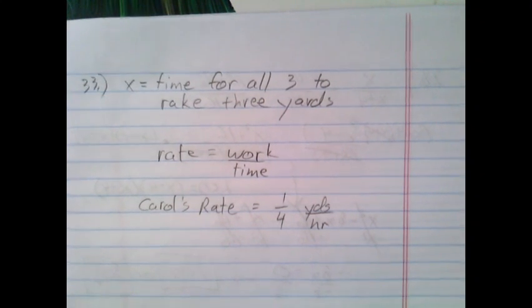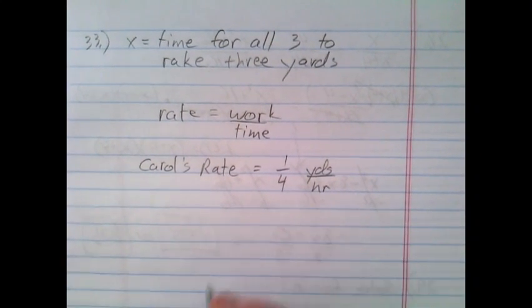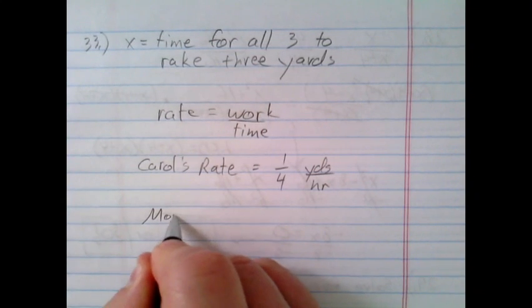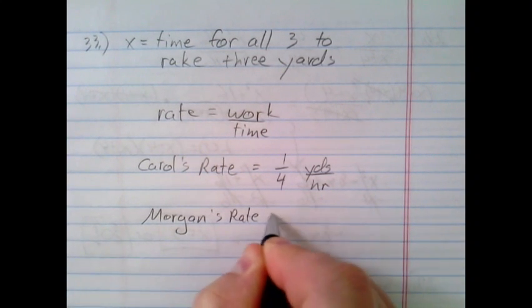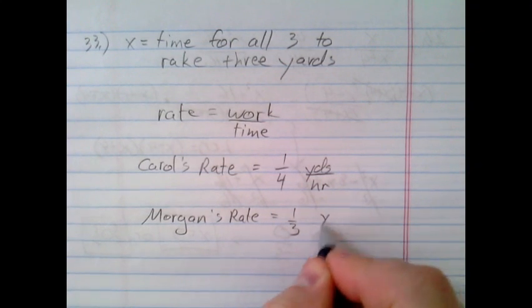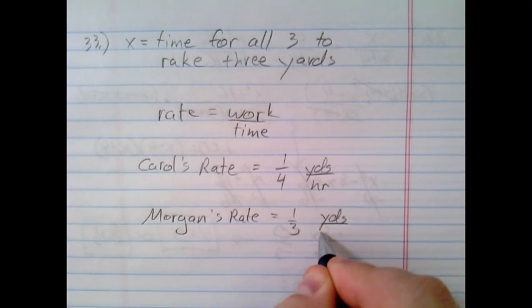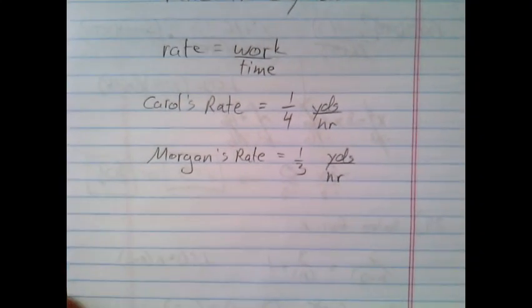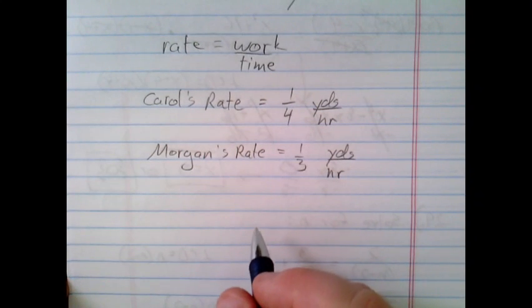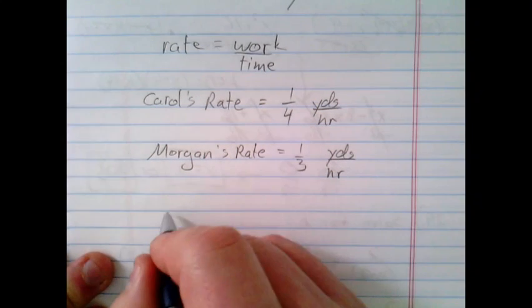Now Morgan only needs 3 hours for the same yard. So Morgan's rate would be 1/3 of a yard per hour. And then what was the other one there? Ned's kind of the slowpoke. He would need 5 hours to do a yard by himself.